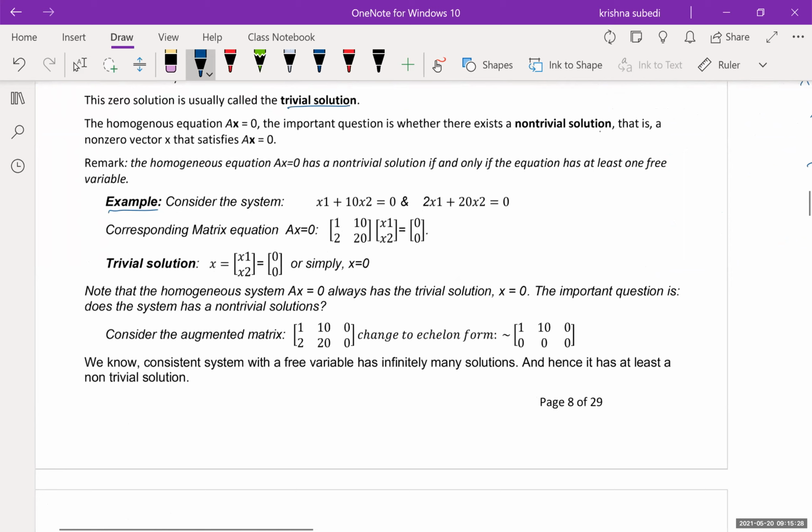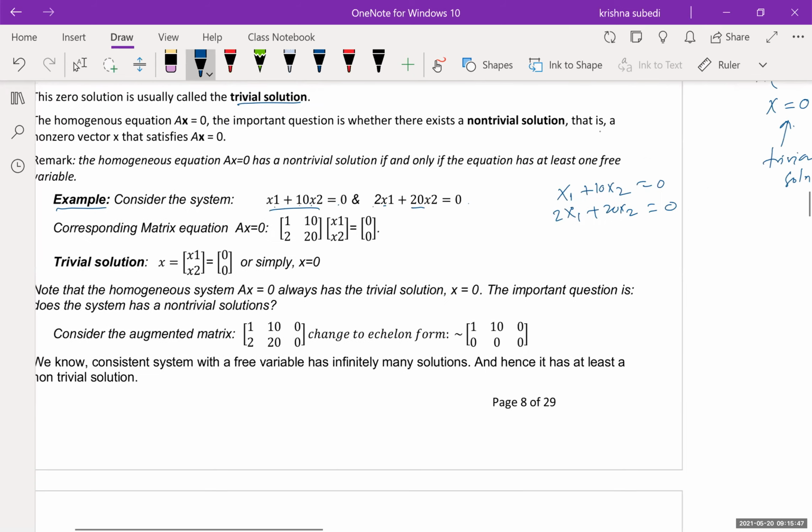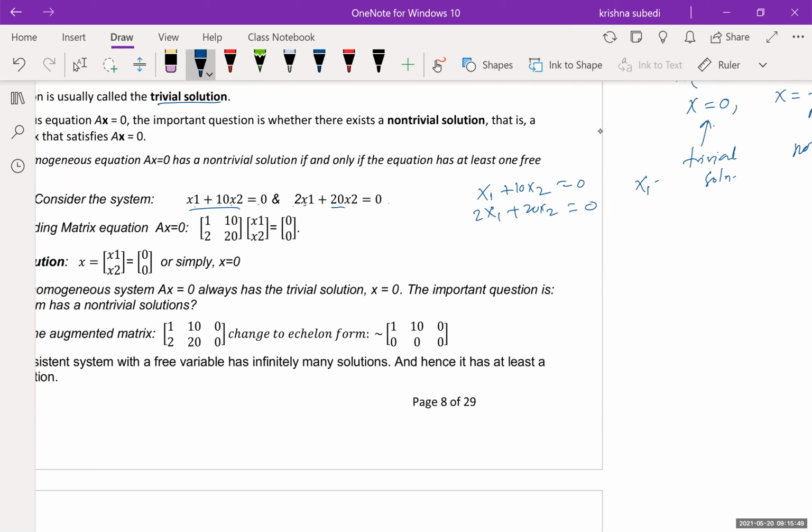Let us consider this system: x1 plus 10x2 equals 0 and 2x1 plus 20x2 equals 0. I guarantee that x1 equals 0 and x2 equals 0 is one of the solutions. In other words, x1, x2, which is 0 and 0, is one of the solutions.